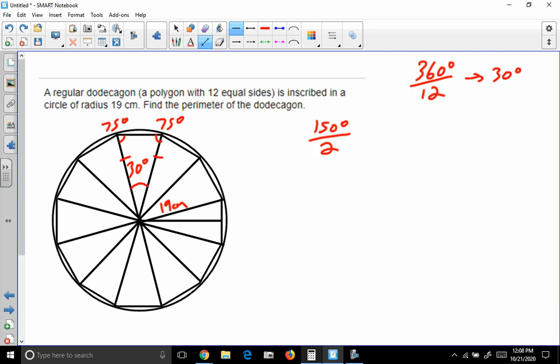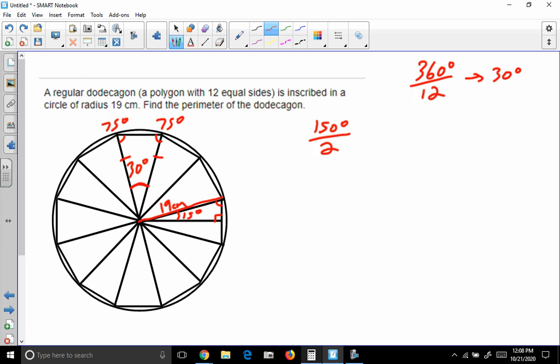So what we can do is we can draw a perpendicular bisector. So this angle is 90 degrees. We know the hypotenuse. If we just bisected that angle, if this full angle here is 30, then that means this angle and this angle are half of 30, so 15 degrees.